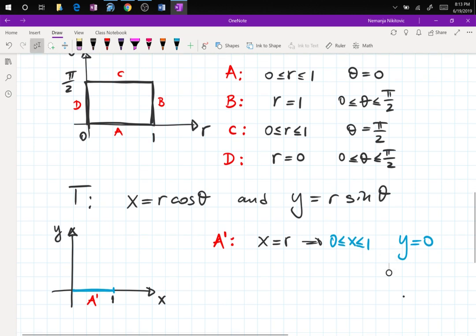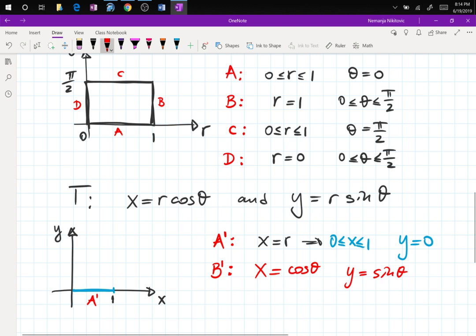So I have transformed a. Transformation for b is going to be called b prime. The whole argument starts from scratch. R is fixed to 1. So immediately my x is equal to cosine theta, and my y is equal to sine theta. Immediately, right? Because r is 1.